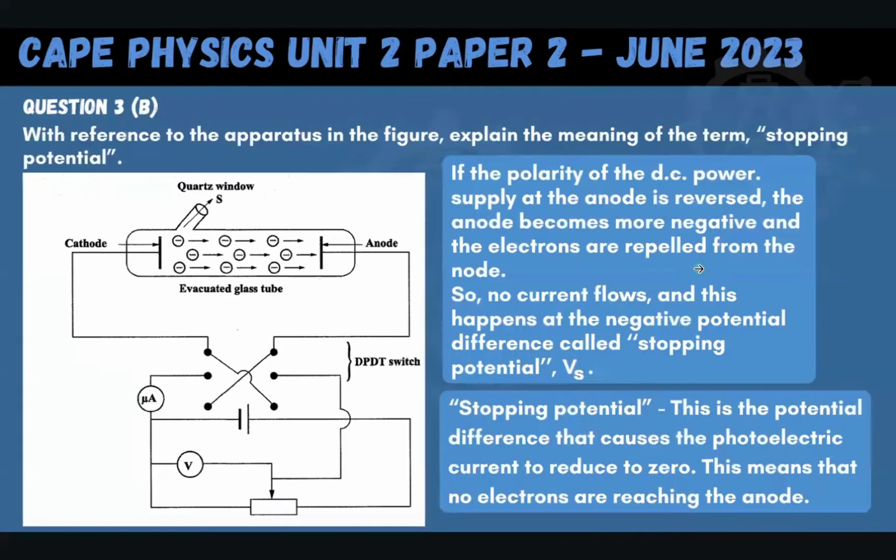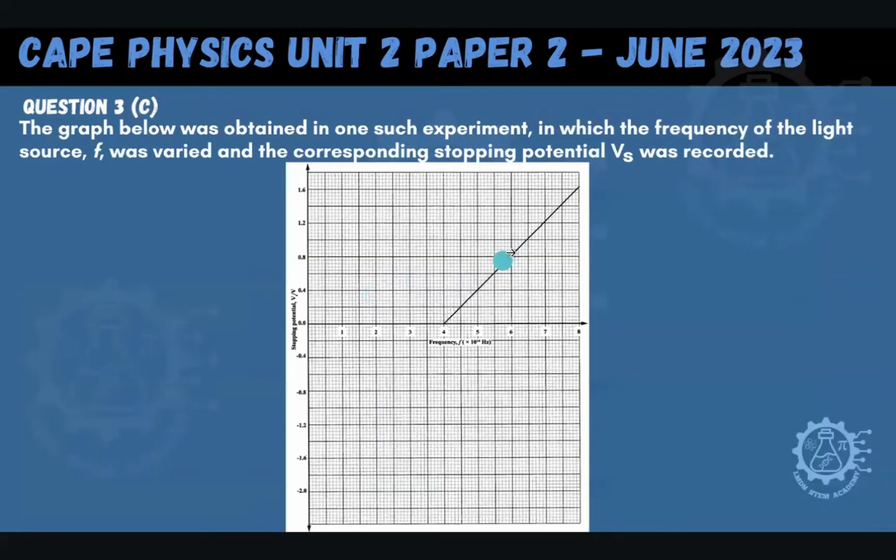So if we go back to our little drawing here, what they're saying is that this light source here, they're varying the frequency that comes in and then they're measuring the stopping potential in response to that. So you're varying your frequency, and your stopping potential is responding correspondingly.